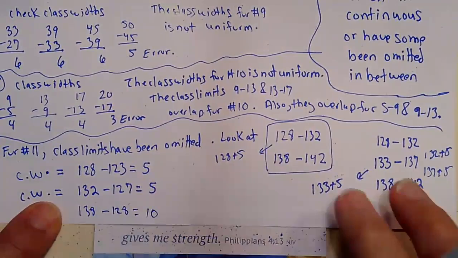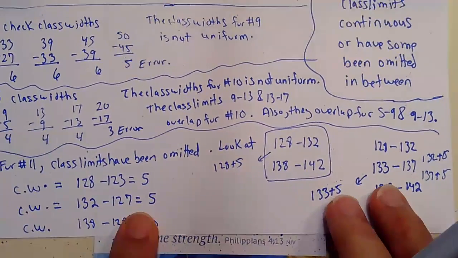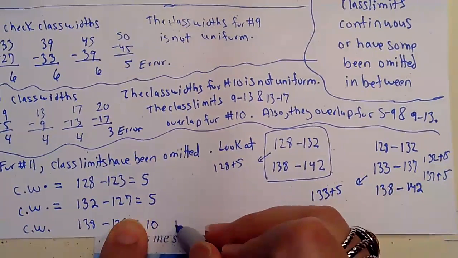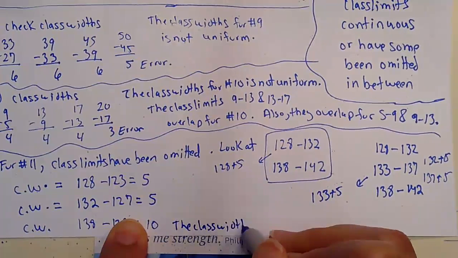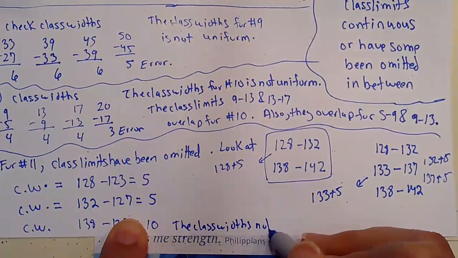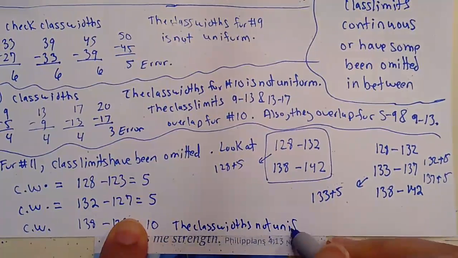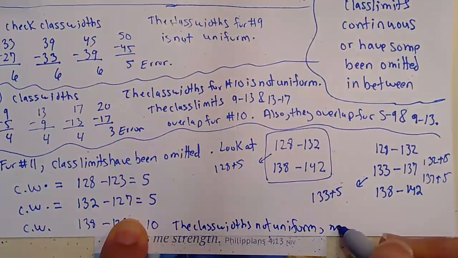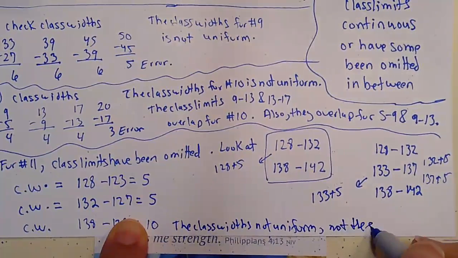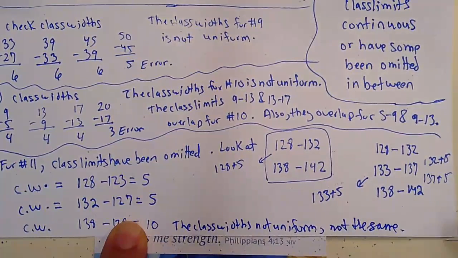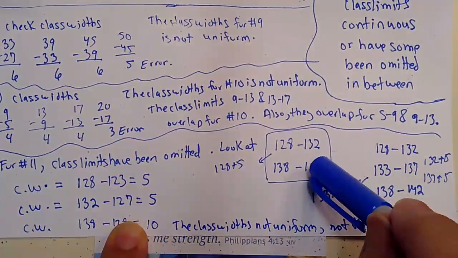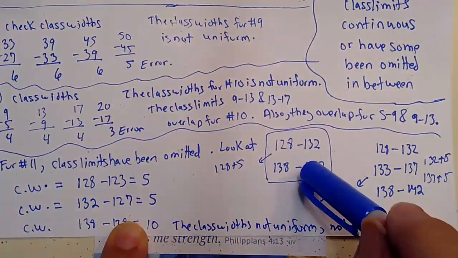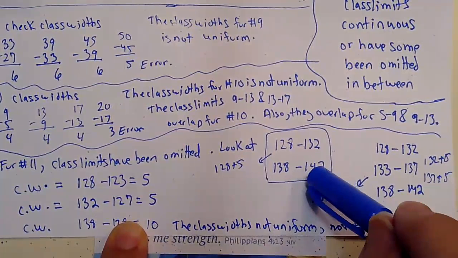So in a way, that also makes the class widths not uniform, meaning not the same. But it's mostly because this is causing that too, right? Because this is the main reason that the class limit has been omitted.